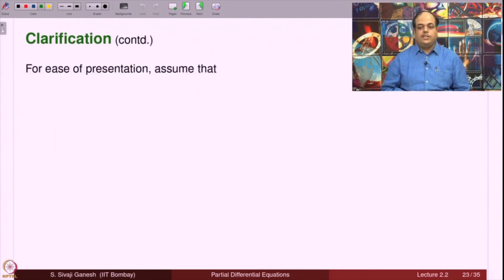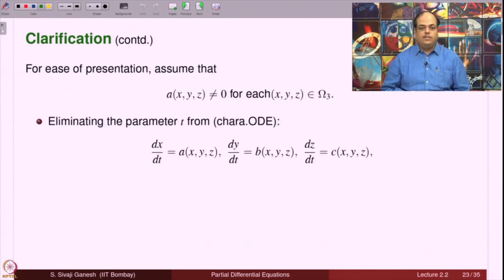For ease of presentation, let us assume that A is never 0 in omega 3. Once it is never 0, you know what I am planning to do, I am planning to divide. Now I will eliminate the parameter t from this Chara ODE system.